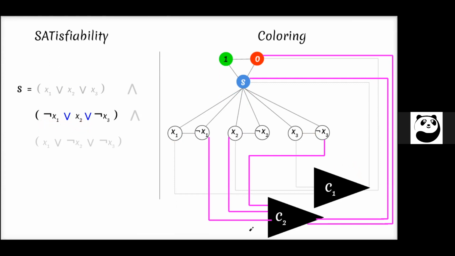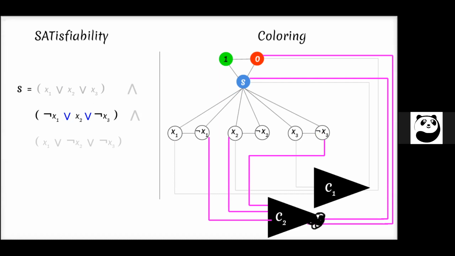This is the clause gadget of the second clause, and you can see there is a connection between its variables, the negation of x1, x2, and the negation of x3. They're connected, and the output node, this should be one node.